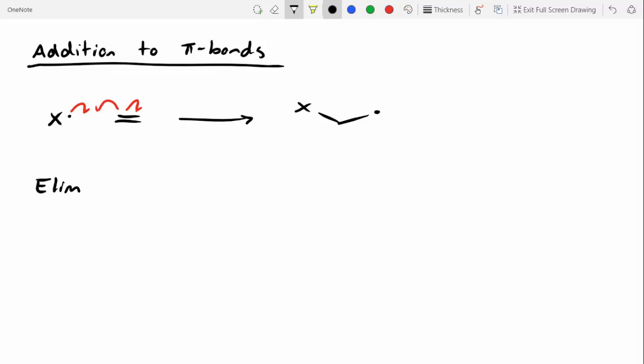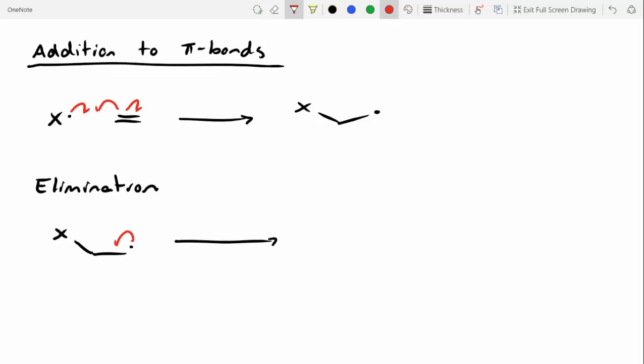The next one is elimination, which is this exact same reaction but in reverse. So if we have a halogen coming off of a carbon with a radical next door, this radical can dump down. The sigma bond can donate one electron over.